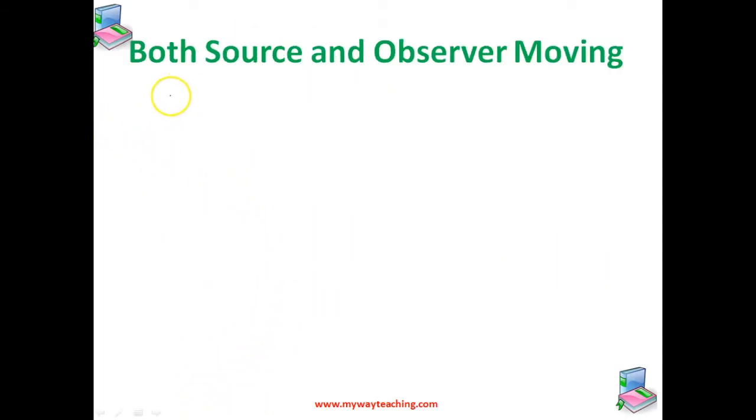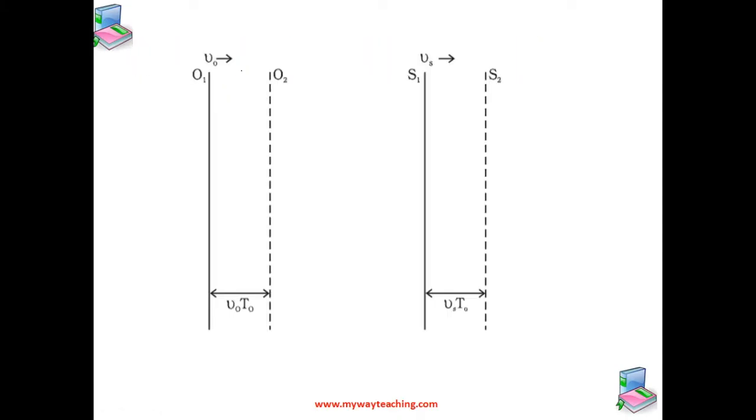If you consider the third case, that is, both source and observer moving, let us take the direction from the observer to the source as the positive direction, and let the source and the observer be moving with velocities vs and v0 respectively.